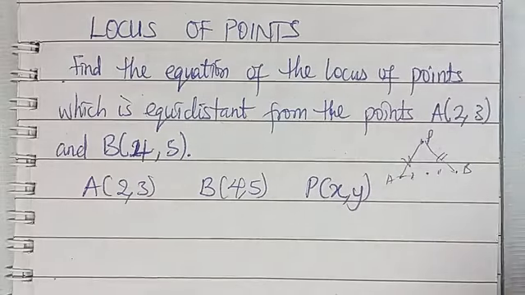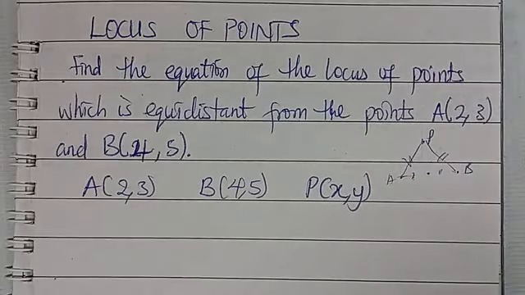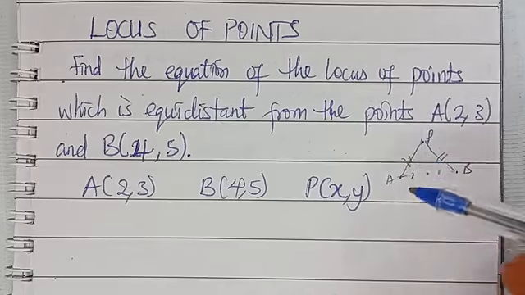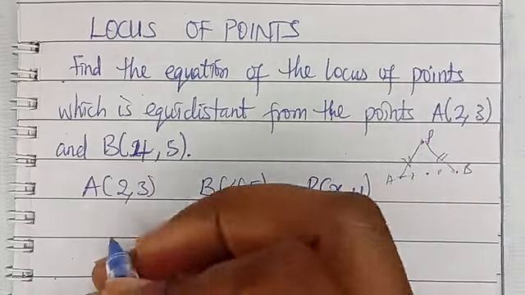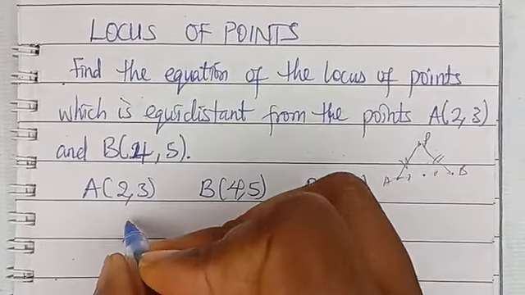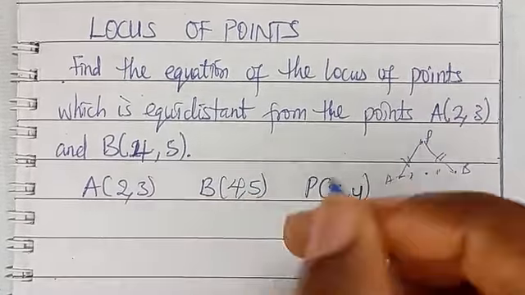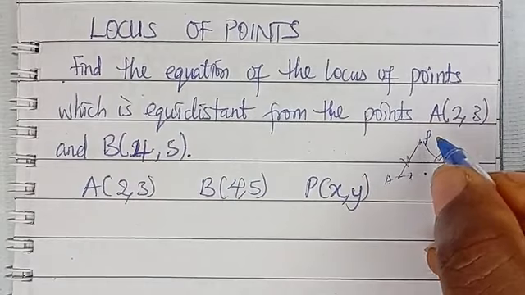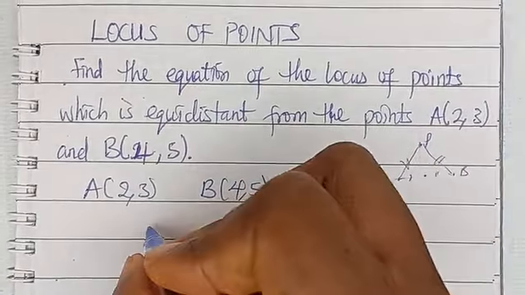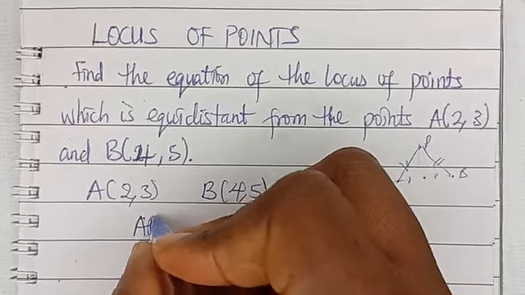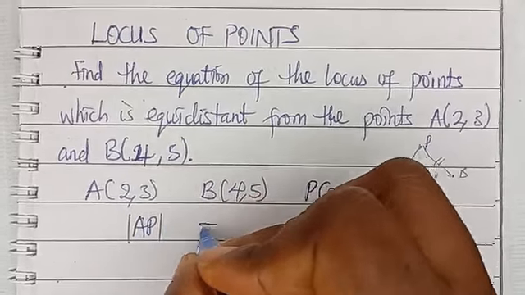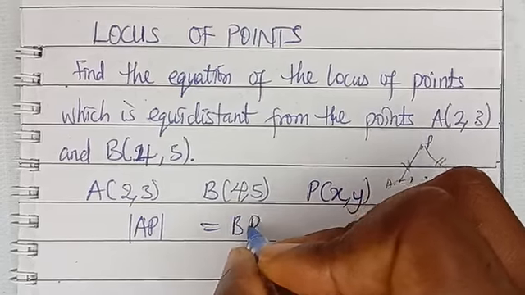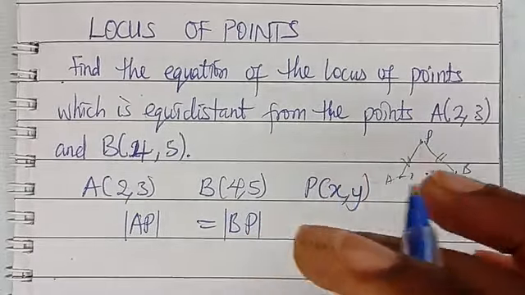So now, to get the equation of this point, since it's always at equal distance between these 2 points, we are going to say that the distance between A and P is equal to the distance between P and B. So distance of AP is equal to distance of BP.